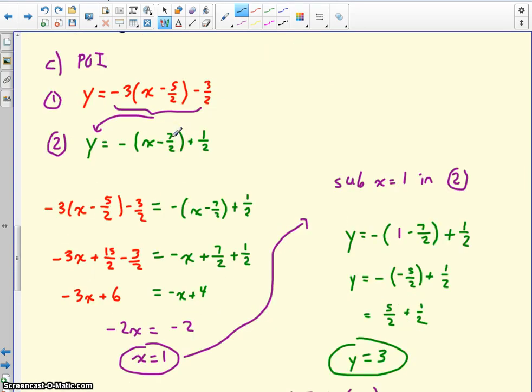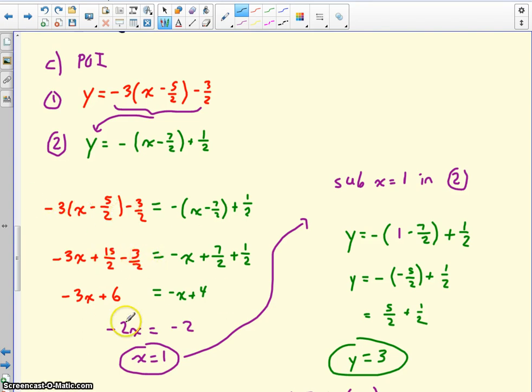Okay, so I took my two equations here. They're set up nicely for substitution because they both already have y isolated. So I took my y equals negative 3 bracket x minus 5 over 2 minus 3 over 2. Since that was equal to y, I replaced the y in the other equation with it. Now I have an equation that looks kind of ugly, but there's only one variable in it, just x. So I took some time to work through the algebra, expand, simplify, collect like terms, and solve for x.